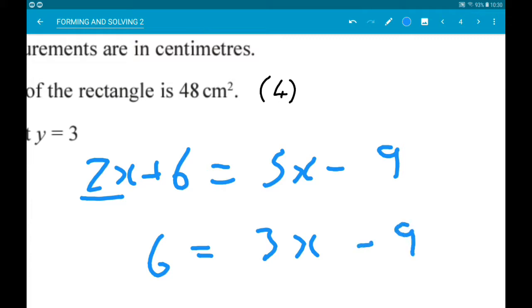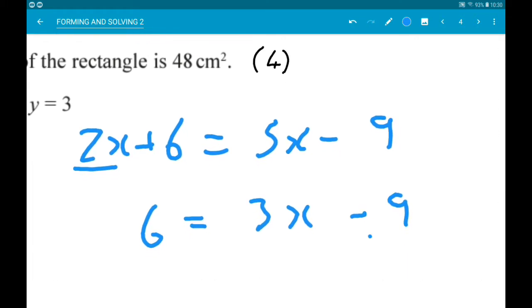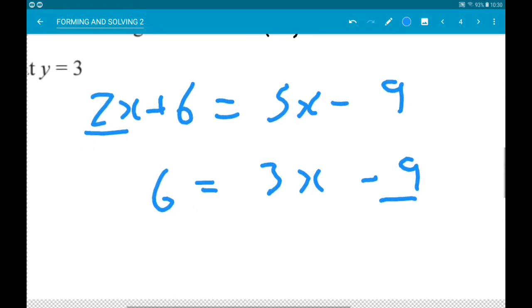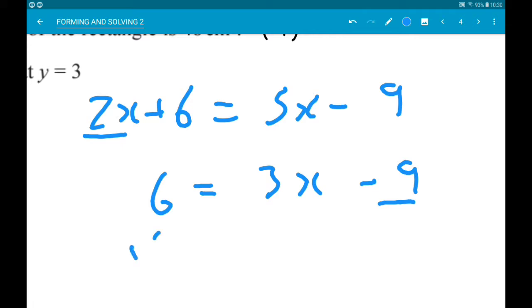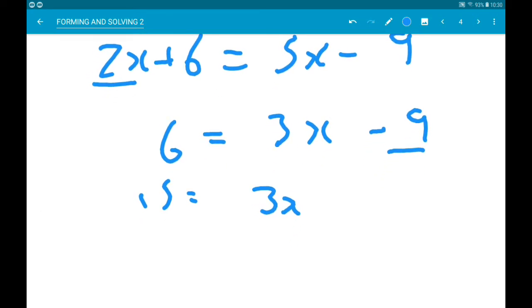Next, add the 9. So we get 15 is equal to 3x. Divide by 3, we get 5 is equal to x, or x is equal to 5.